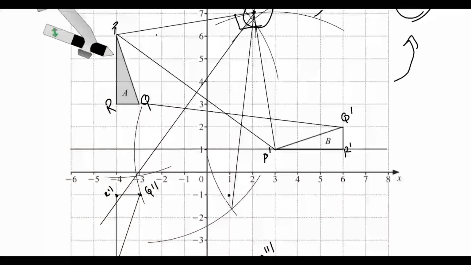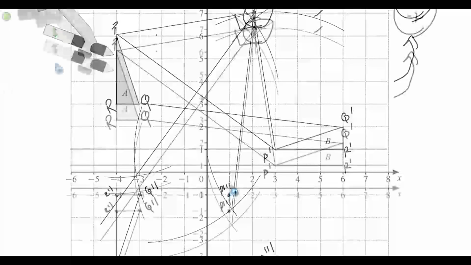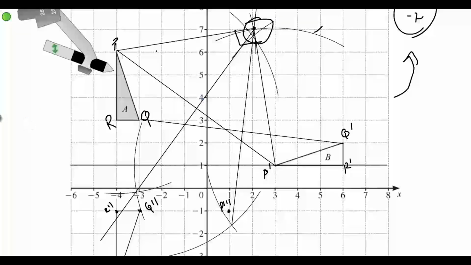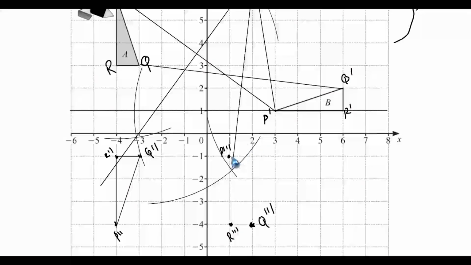Okay, it will be here. So let's confirm it again. From here, x equals 5, 1, 2, 3, 4, 5. Then 7, 1, 2, 3, 4, 5, 6, 7. So it will be here, P prime. So we can now connect the points together. Let's say from here to this place, then from here to this place, then finally from here to this place. So that will be the translation.